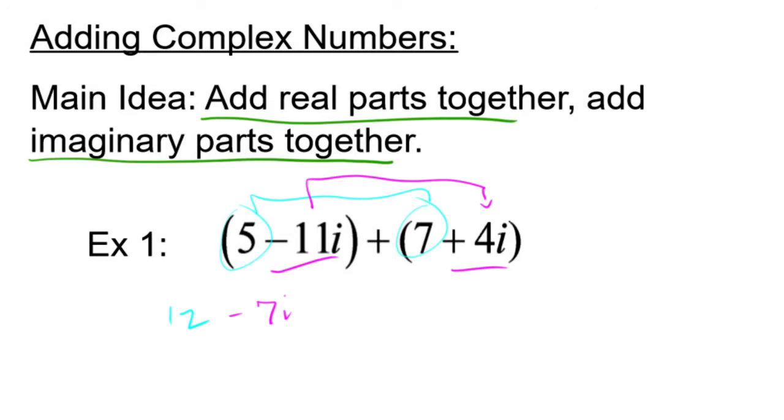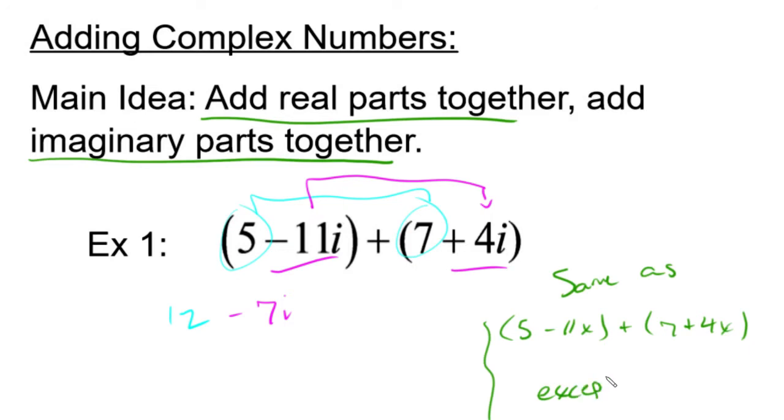You add these two things together exactly like you would add them if the i was an x. 5 minus 11x plus 7 plus 4x. You do the same exact thing. In addition, the parentheses don't matter. Combine like terms. It's exactly the same. All right? Seems simple enough?